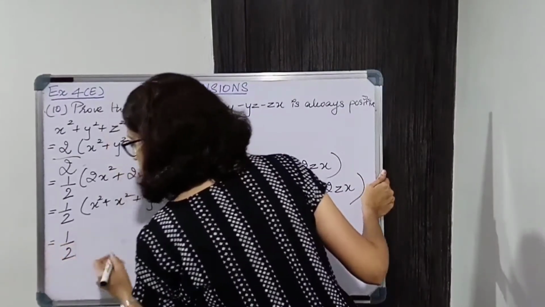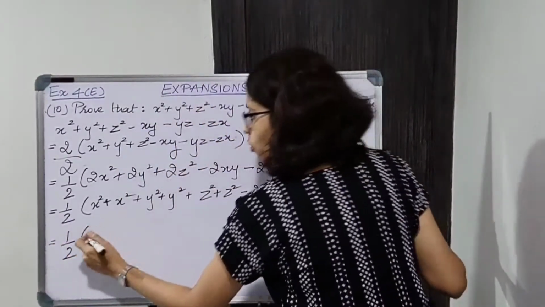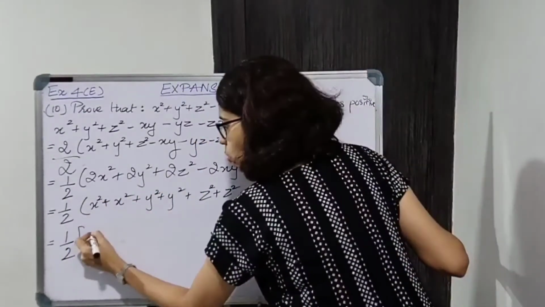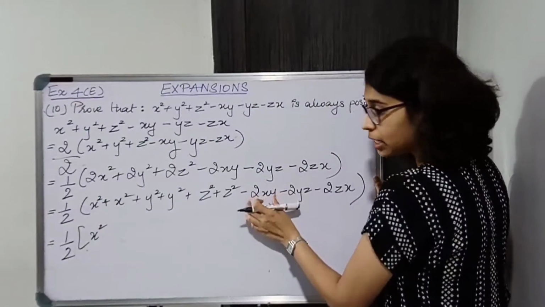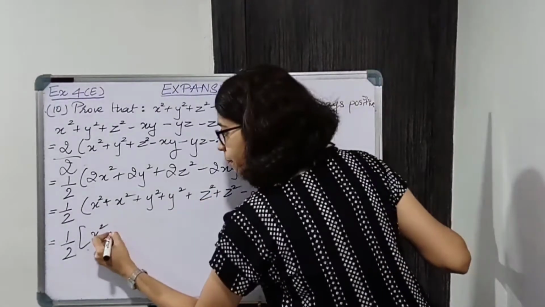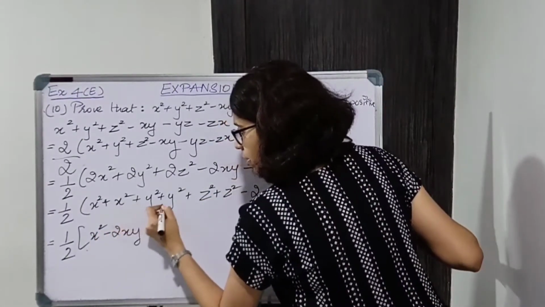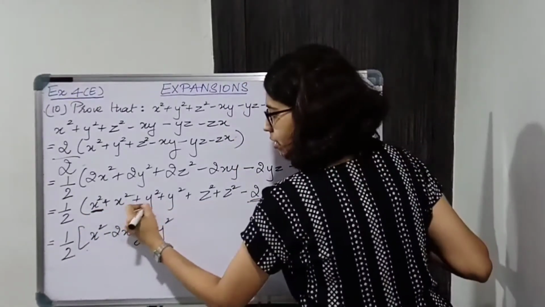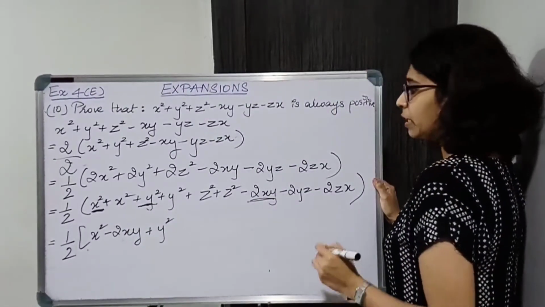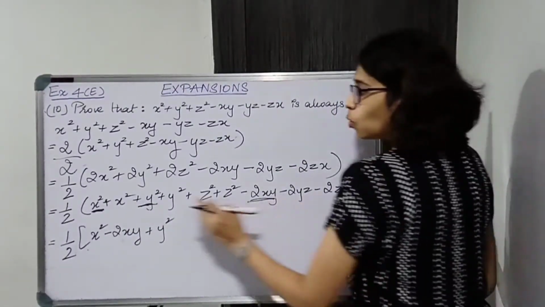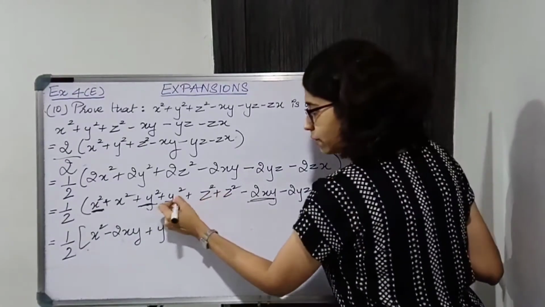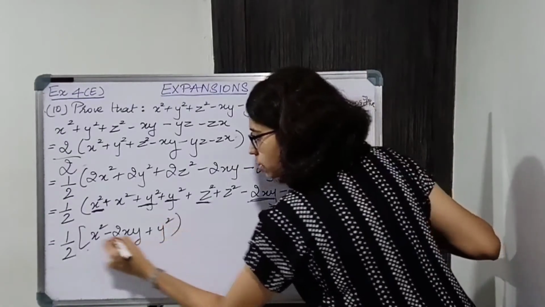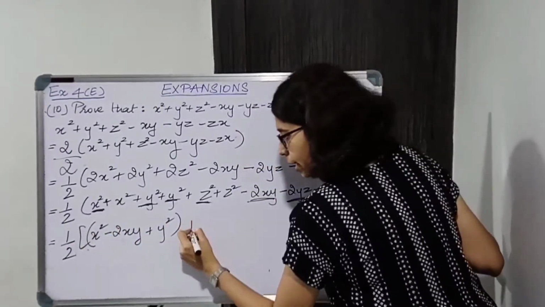So we'll group the terms now. Put box brackets outside. X square minus 2xy, so x square and y square together, plus y square. This and this we grouped them. Now there is yz, so y square and z square. So this is one bracket.